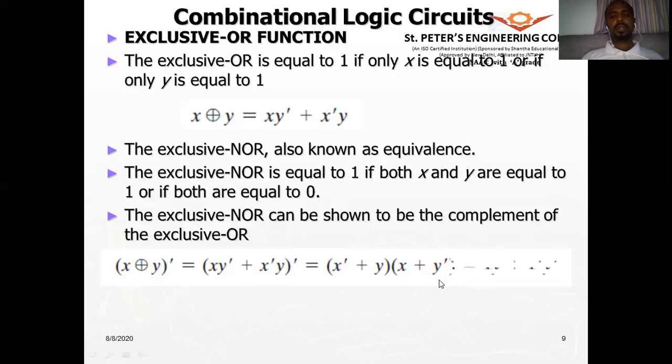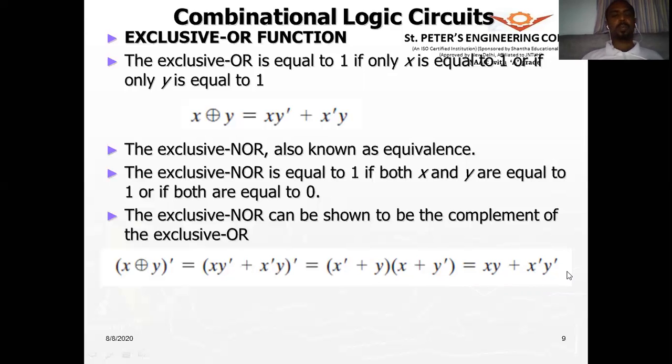Next, when you further simplify this, multiply term by term, so you will get X complement into X will give you 0. As you know, the laws, the axioms we have seen, so X into X complement will be equal to 0, and X into Y will not be equal to 0 here, and Y complement into X complement, that term will appear, and Y into Y complement will be 0, so that term will not be available here.